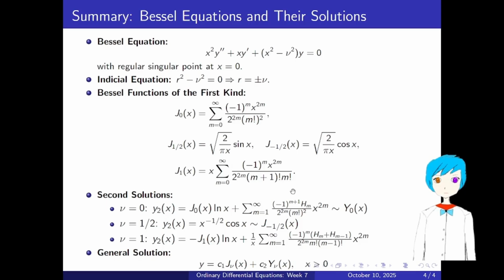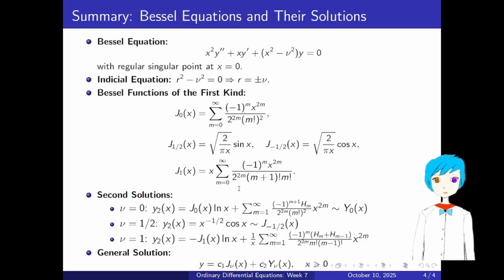Finally, when nu equals 1, the two roots also differ by a positive integer 2. So this is the first solution, the Bessel function of the first kind of order 1. And the second solution is minus J1 log x plus this whole bunch of stuff. So we can see that when nu equals 1/2, the two linearly independent solutions take a very special form.